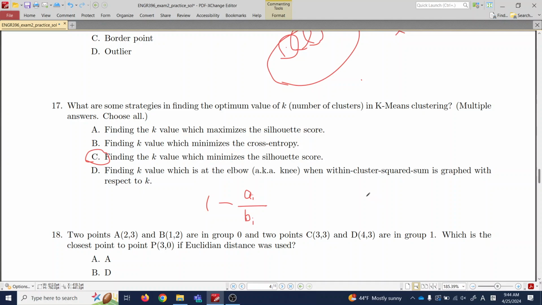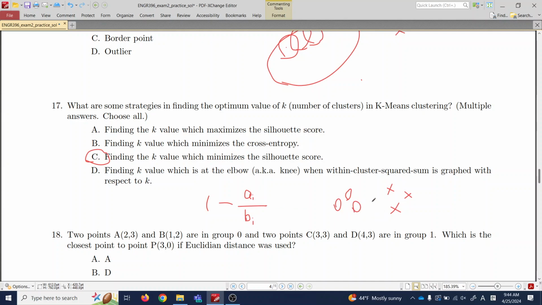So let's say you have something like this. You have one group here and another group here. So you have two classes. Then if you pick this point right here, there's a silhouette score you can compute for this point. You take this distance, this distance, and take the average value. That's your a_i, okay?